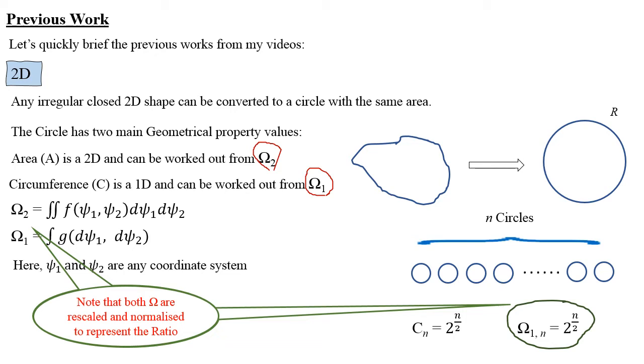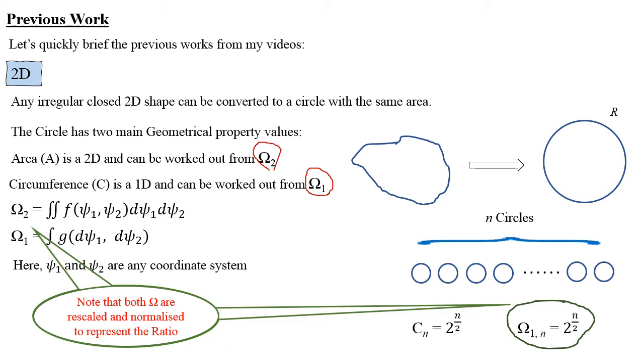This is more general. For example, if you have a circle and divide it into n smaller circles, given that the total area is equal to the area of the original circle, you come to the conclusion that the total sum of these circumferences is in the ratio of 2 to the power n divided by 2 to the original one.